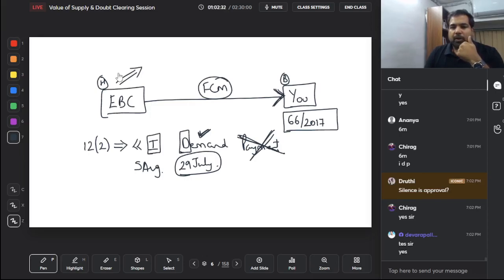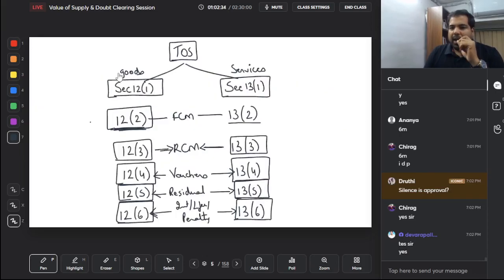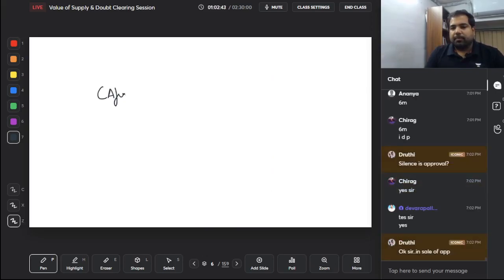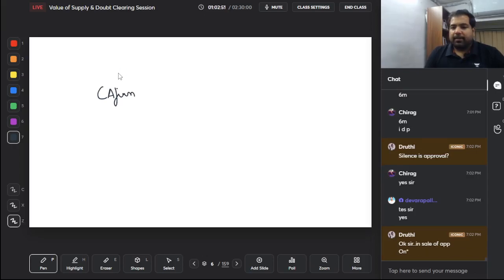Alright. Guys, now the last thing that is left is section 13.2. Let's check this. This is a CA firm and they are providing services to their clients.